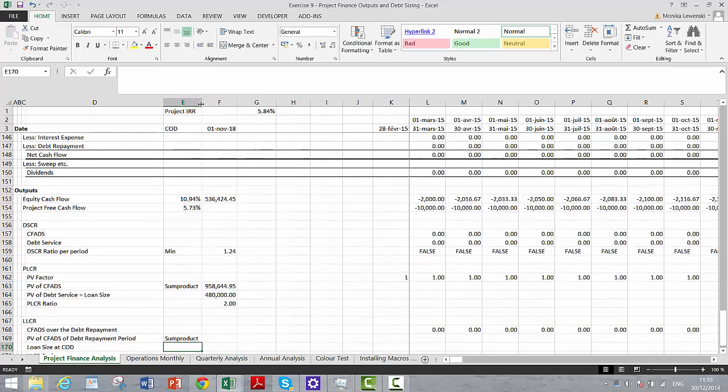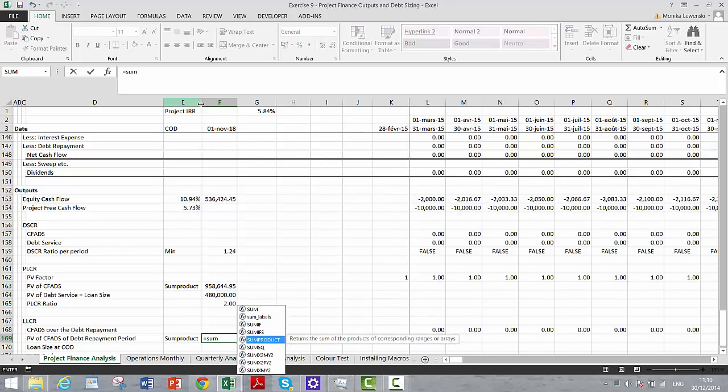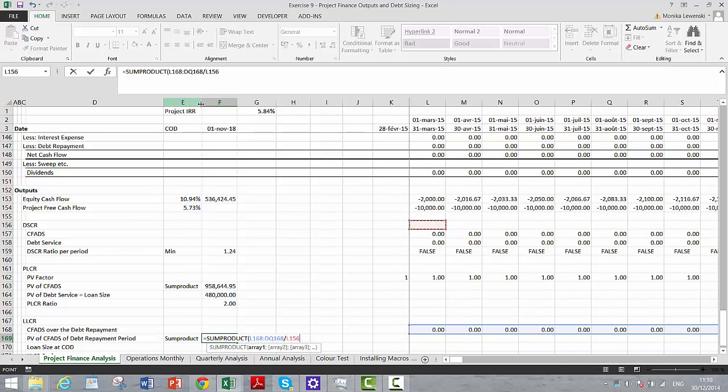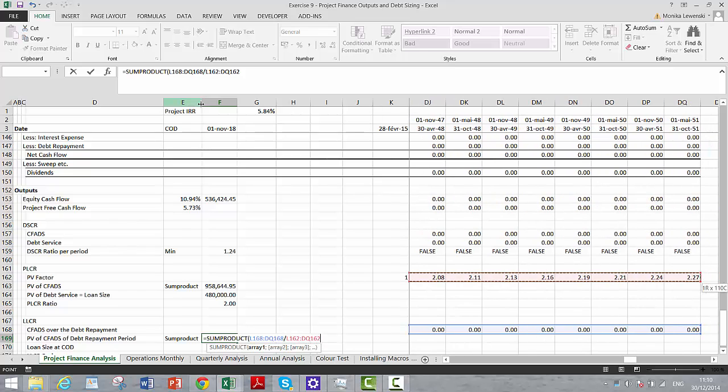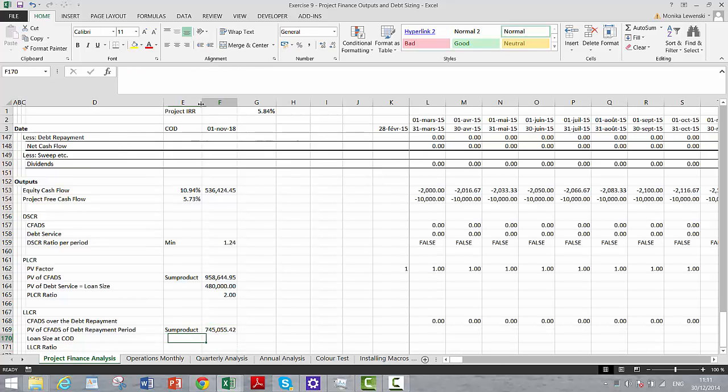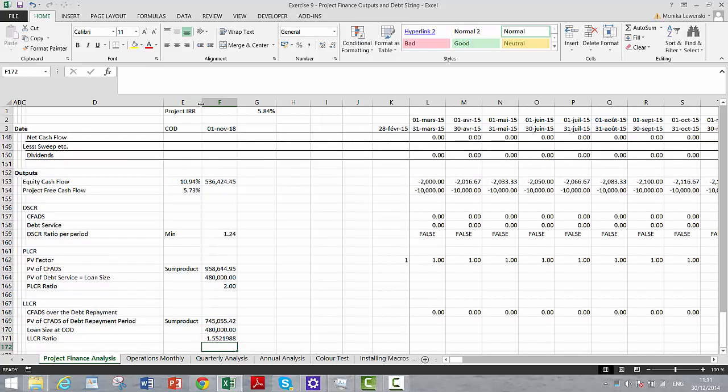It's probably not really necessary to say that, obviously, the sum product. And we can just take this whole one and divide it by the PV factor that we just computed above. And we get a smaller amount because obviously we have smaller debt service. And we can take that compared to the loan size and compute our third ratio.